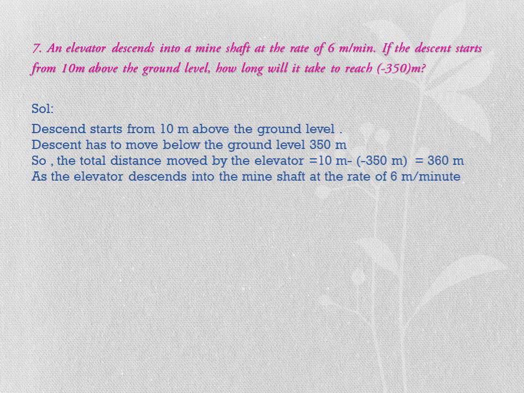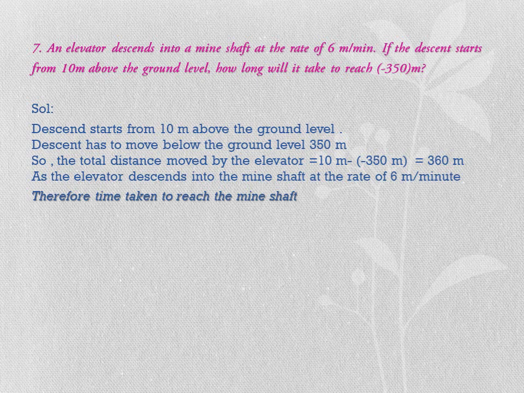As the elevator descends into the mine shaft at the rate of 6 meter per minute, in 1 minute it is descending 6 meter. Therefore, the time taken to reach 350 meter below, that is the distance between 10 meter above 0 and 350 meter below 0, is equal to 360 meter.